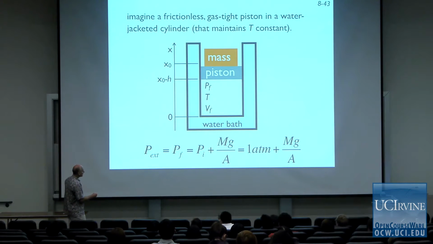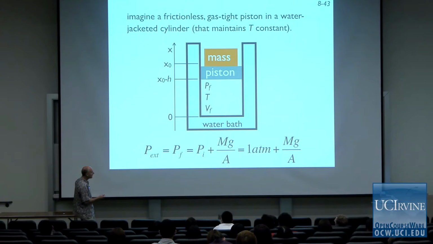The external pressure is the final pressure. That's the initial pressure that we started with plus the pressure being applied by this mass right here. That mass has mass m, g is the gravitational constant, and A is the area of the piston. We started off with 1 atm, so that's mg over A plus 1 atm.